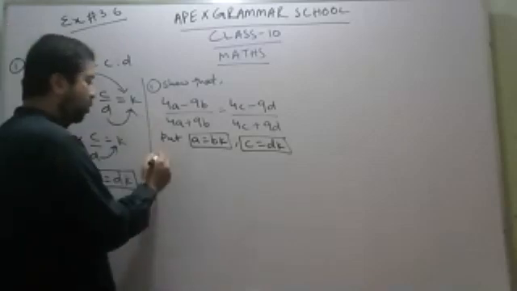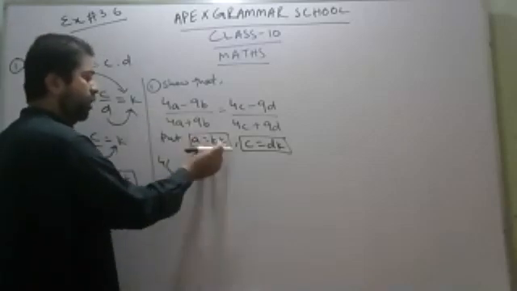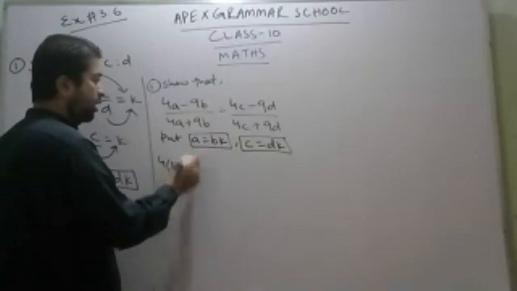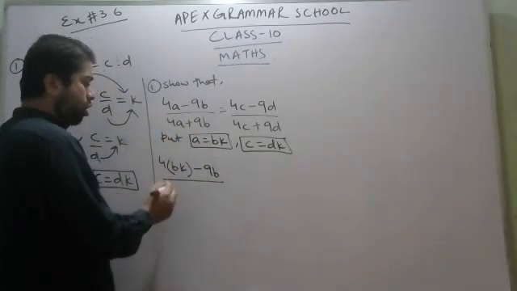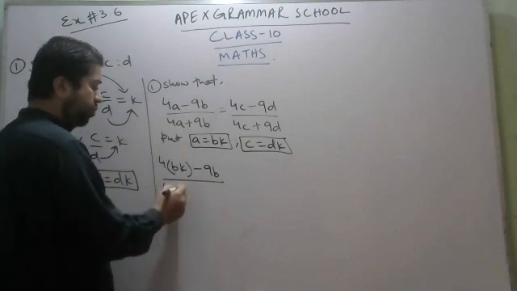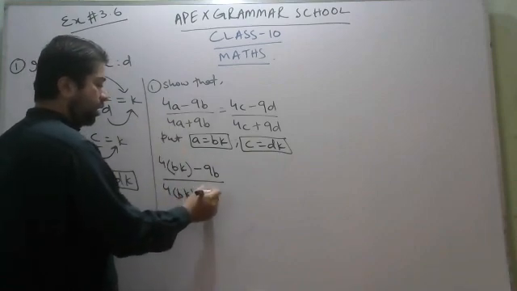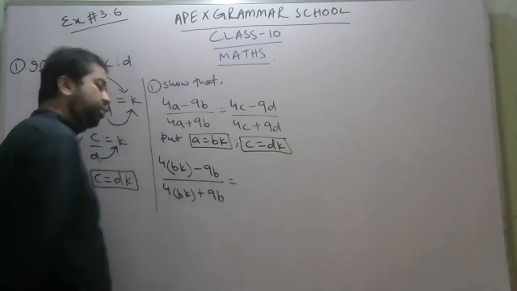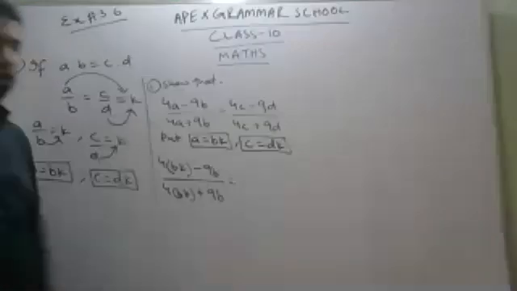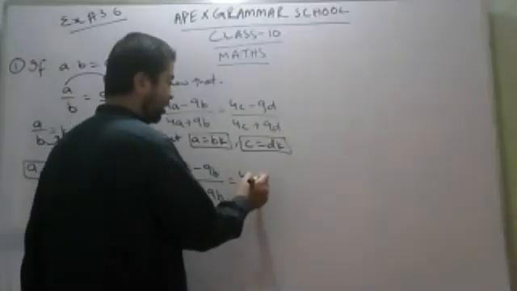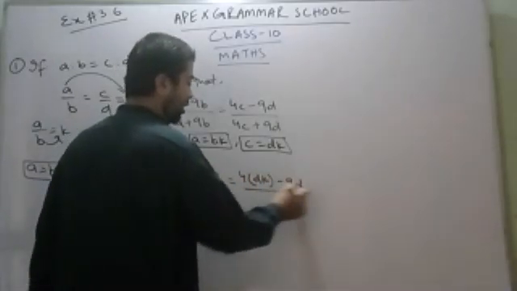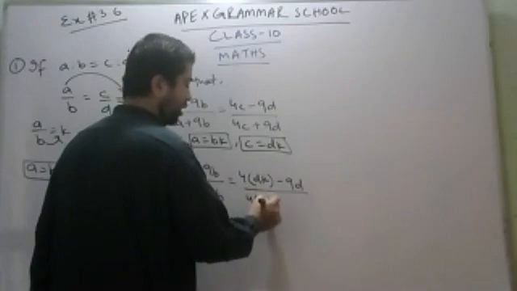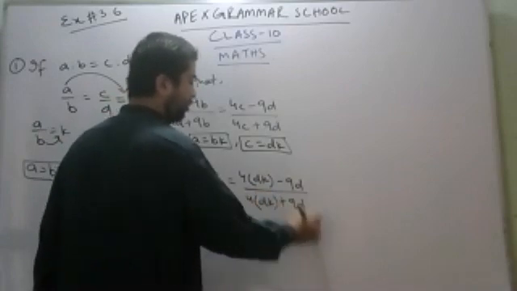In the numerator, 4 times the value a, which is bk, minus 9b, and in the denominator, 4 times a, which is bk, plus 9b, is equal to, for c, 4dk minus 9b over 4dk plus 9b.